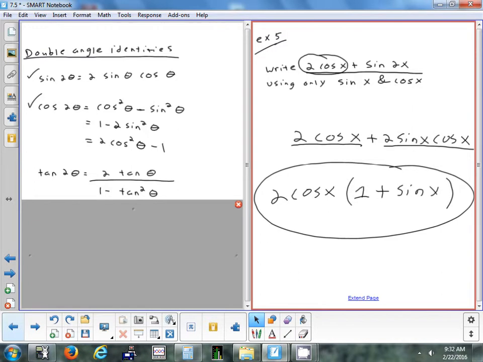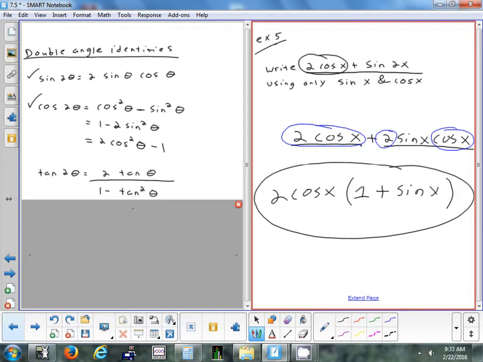Hey, any questions on that? Yeah. I'm confused on how you got the final answer. This answer? Since there's a 2 cosine x here and a 2 cosine x here, we factored out what they both had in common. So you write that on the outside.